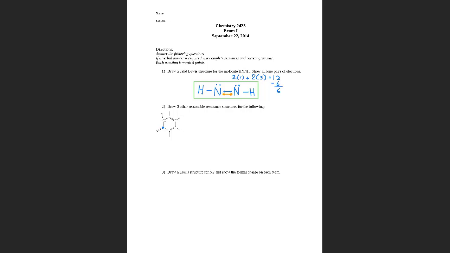I'll just write sp2. And then if I look at the other carbon, the one up here, I'm going to mark it in orange. That carbon also has 3 domains around it. That's going to also be sp2.